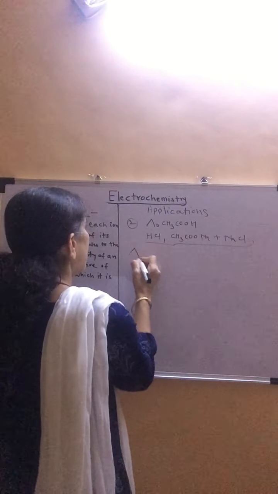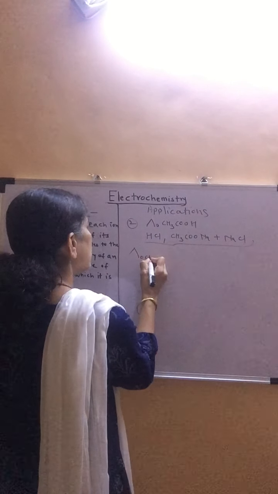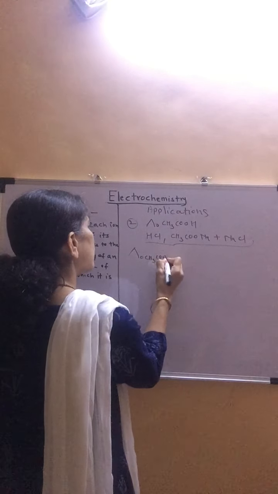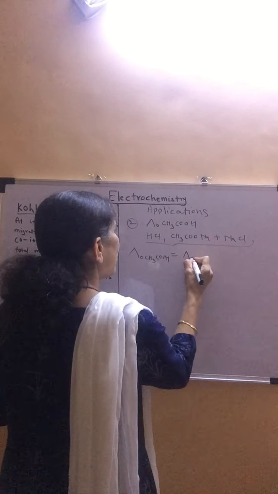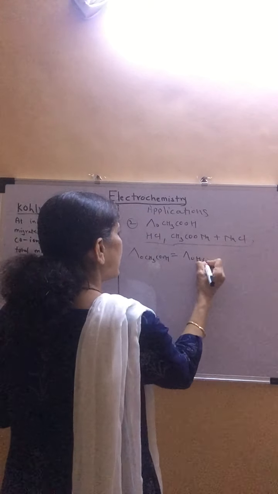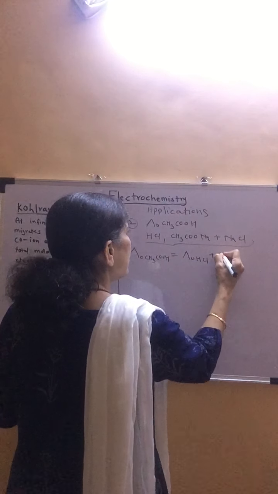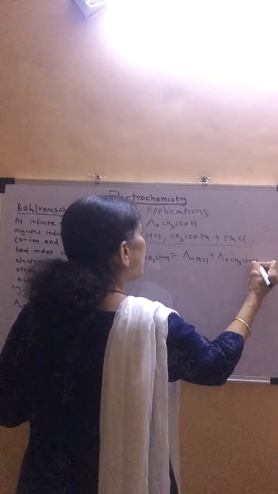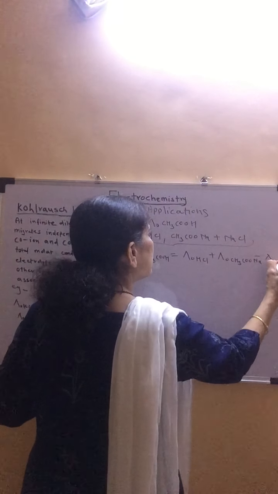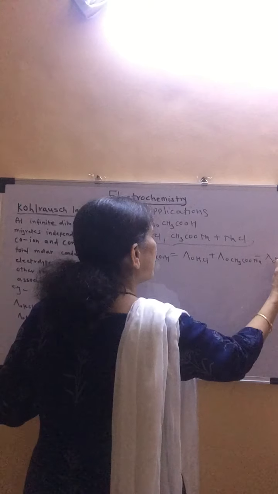Thus, lambda naught for CH3COOH is equal to lambda naught for HCl plus lambda naught for CH3COONa minus lambda naught of NaCl.